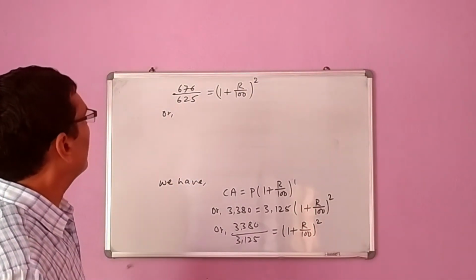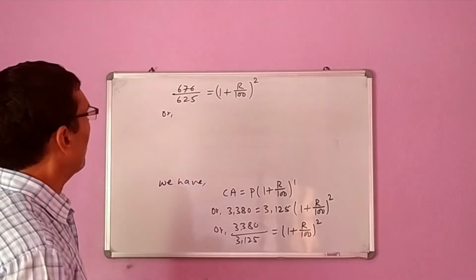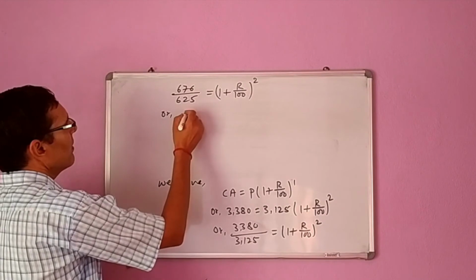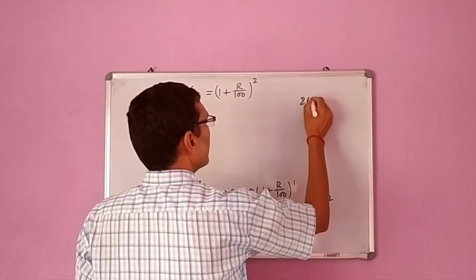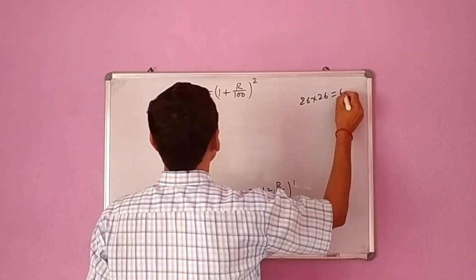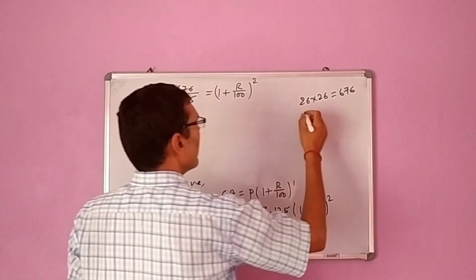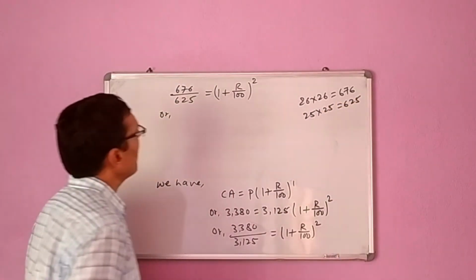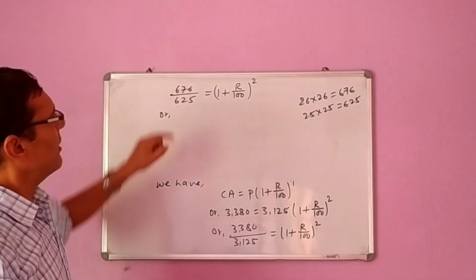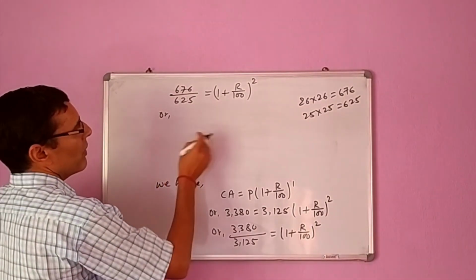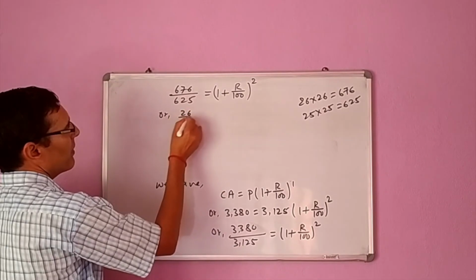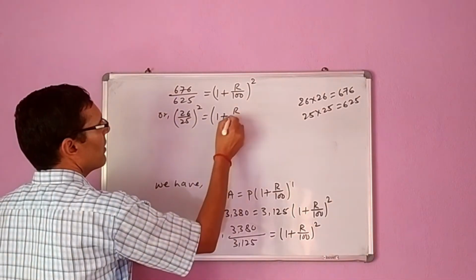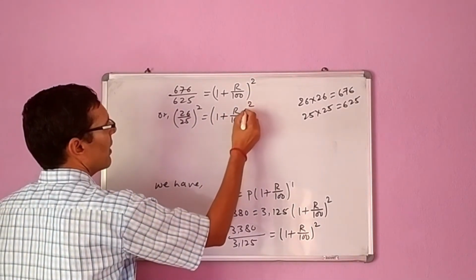So this left hand side also must be the square of some number. We know that 676 is the square of 26. 26 into 26 is 676, and we know that 25 into 25 is 625. So numerator is the square of 26 and denominator is the square of 25. So we can write this as 26 upon 25 whole square is equal to 1 plus r upon 100 to the power 2.